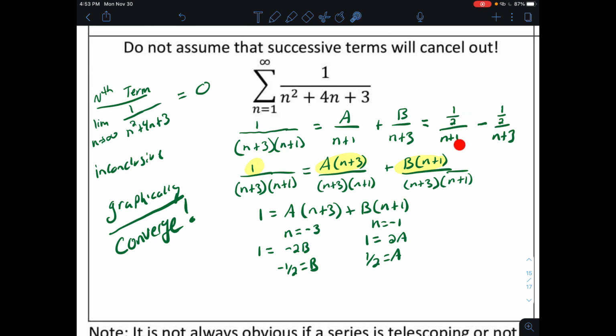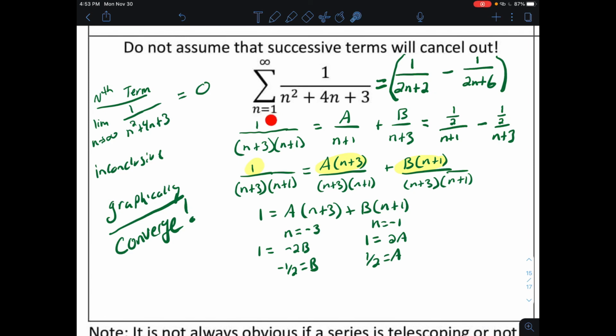Since I have 1/2 divided by n plus 1, if you did skip, change, flip, that first fraction would be the same thing as 1 over 2 times n plus 1, or 2n plus 2. And then minus my second fraction would be the same as 1/2 times 1 over n plus 3, or 1 over 2n plus 6.